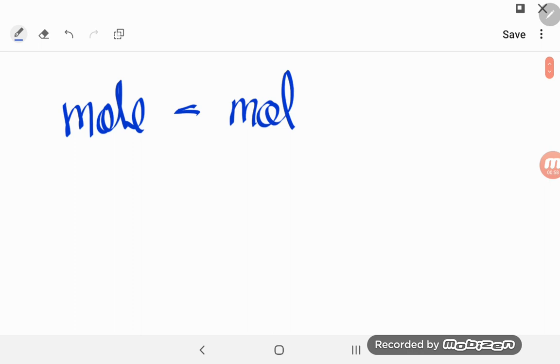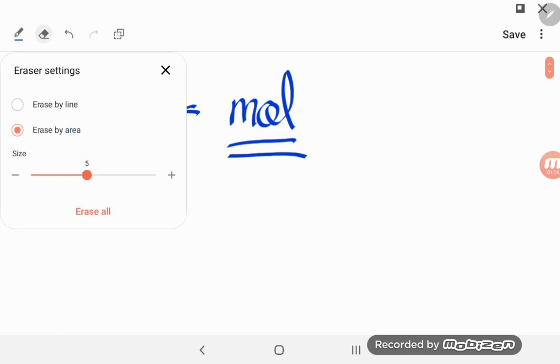As you can see here on the screen, mole can be shortened as mol. So that's the unit used for mole. Now we will have a detailed discussion about this as we discuss further about the mole. Now let's go back to molarity.